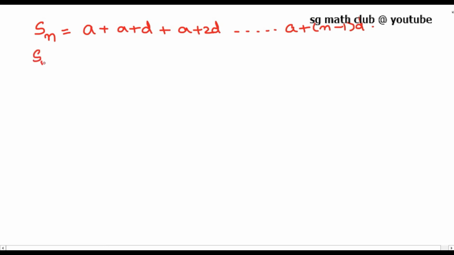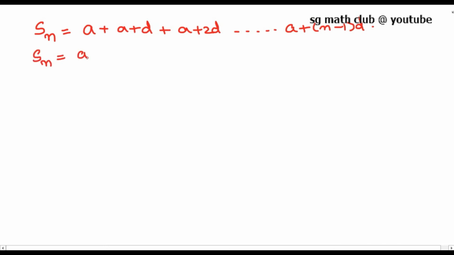So we will write Sn, the sum of the first n terms of the AP, that is a plus a plus d plus a plus 2d, etc. The last term is a plus n minus 1 into d. Now I am going to write it in reverse order.